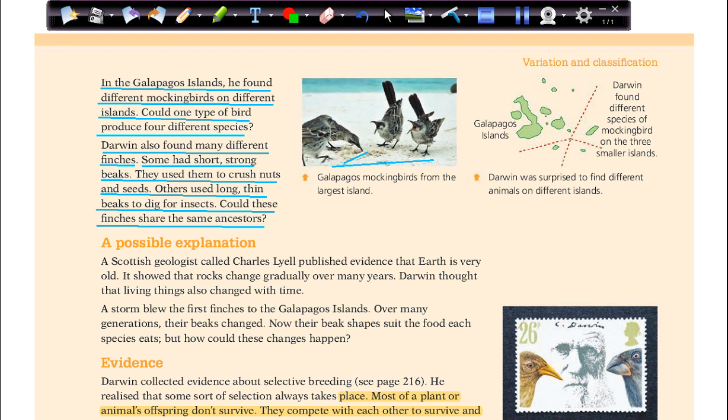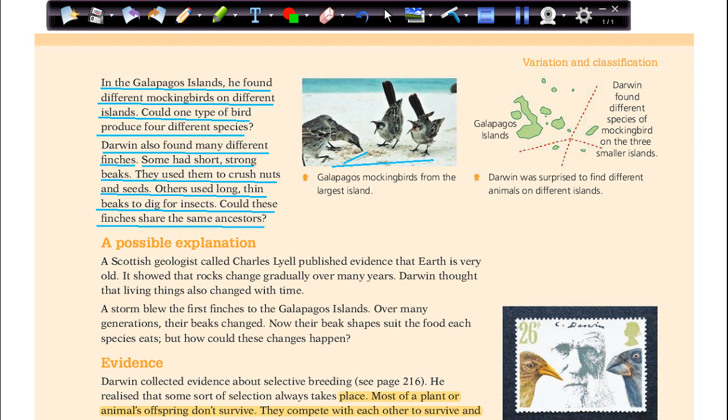As he traveled in these Galapagos Islands, he was searching for fossils, because he was searching for explanations for his suggestions, and he was observing skeletons. When he was making his studies, he was studying these skeletons.